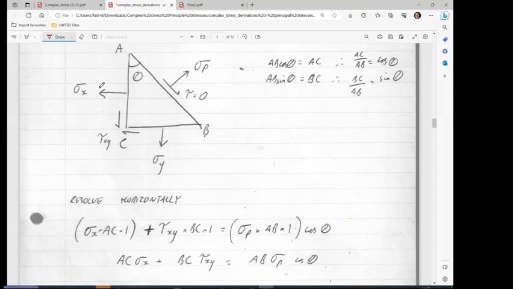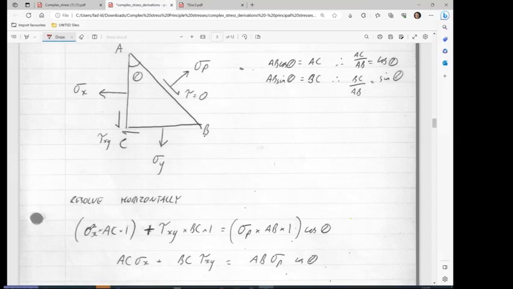Okay, so resolving horizontally, the forces to the left are going to be sigma x, that's the stress. So to get the force, we've multiplied by the area. Remember, this was unit thickness in the same way that we looked at elements which were unit thickness in the last video. The area of this triangle or the surface on this triangle would be AC times 1, times the stress.